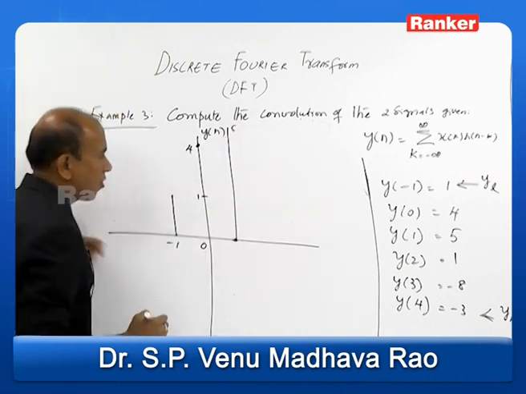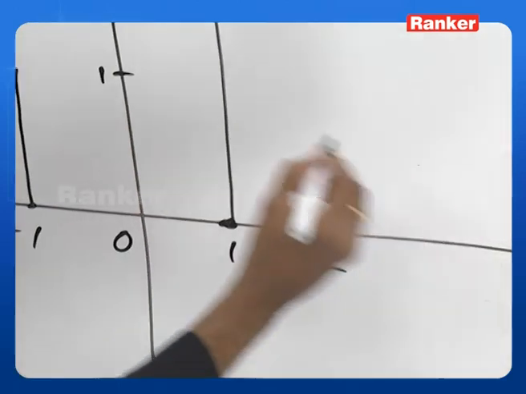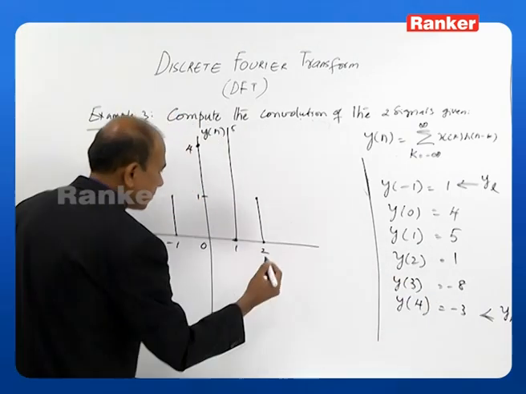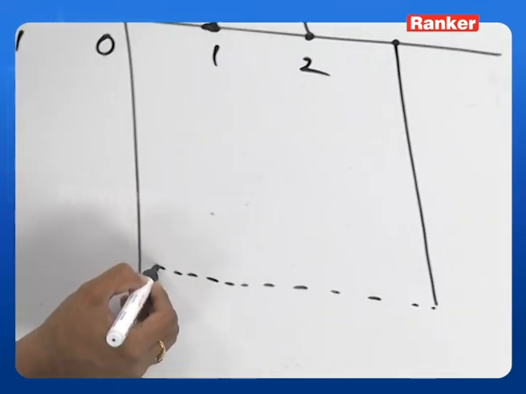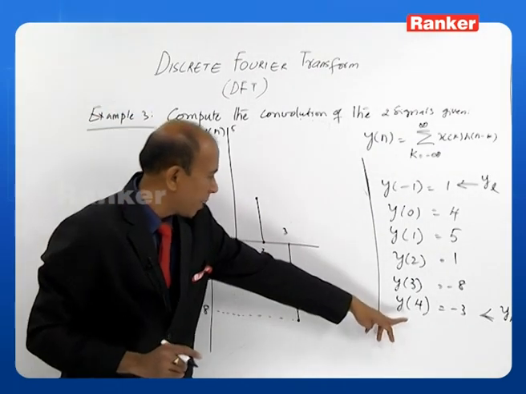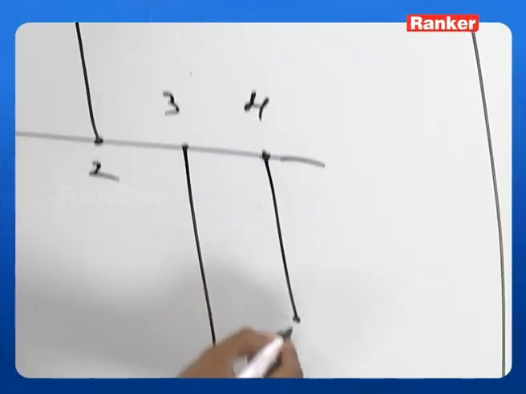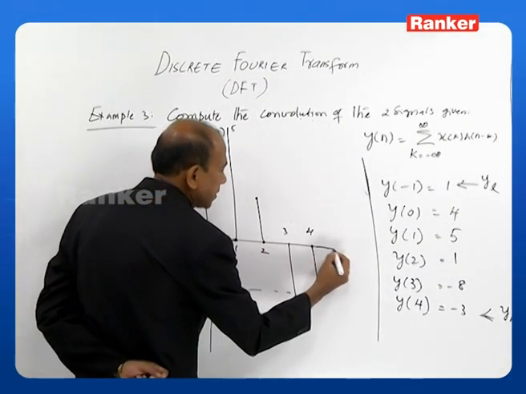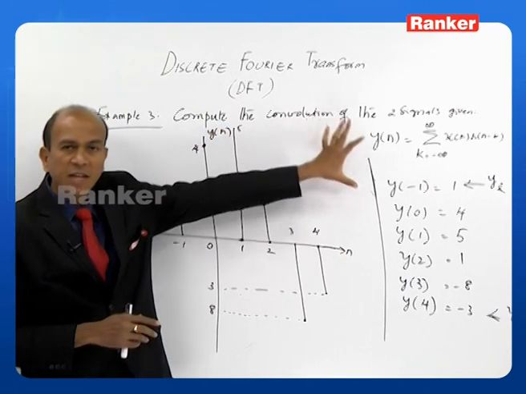Then y of 2 is again 1. Y of 3 is minus 8, so this will go here. Let us say this is not drawn to scale, please remember that. Then y of 4 is minus 3. So, this is 4 and this is around minus 3 here. Like this is the convolution of the given signals.